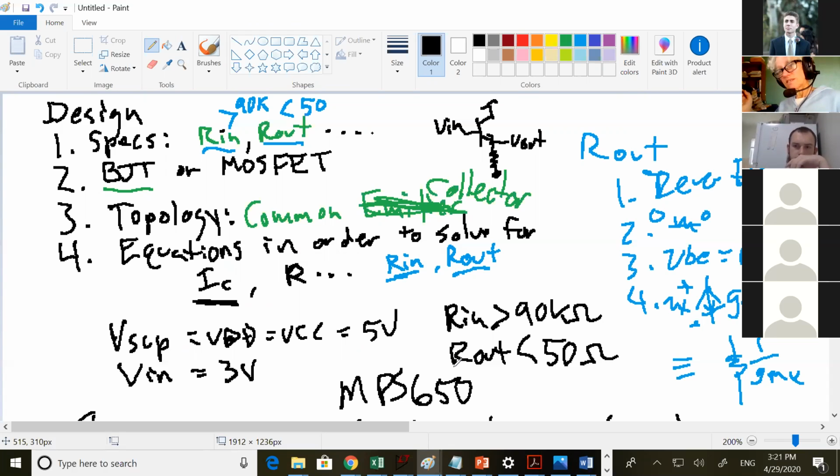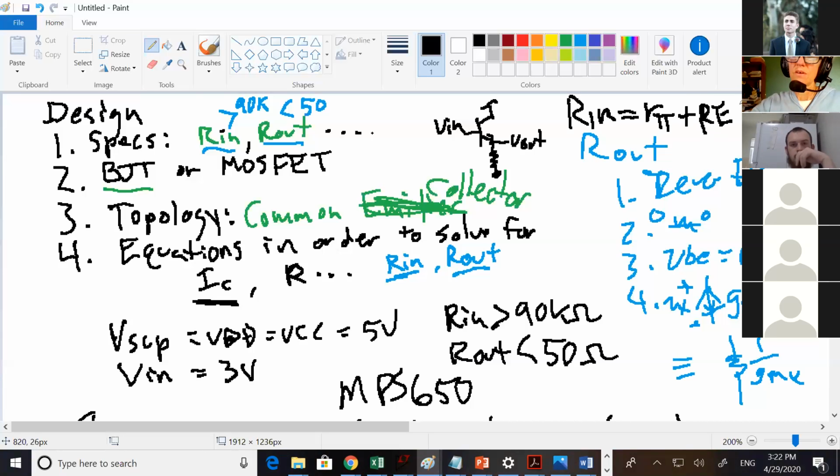And the last thing is an equation I thought the labs had already gone through, but I'm not sure. R in equals R pi plus R e times 1 plus beta. So I guess I kind of did a second step.